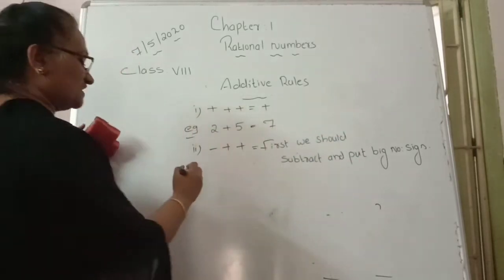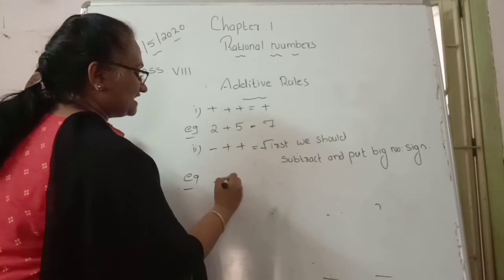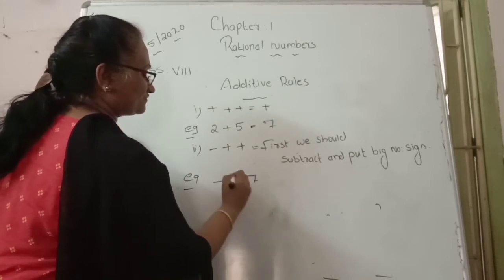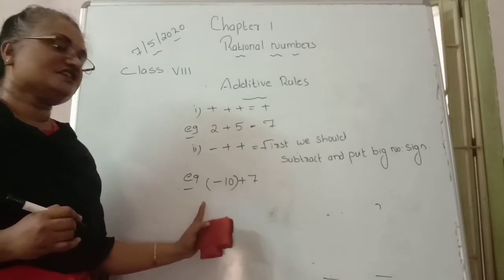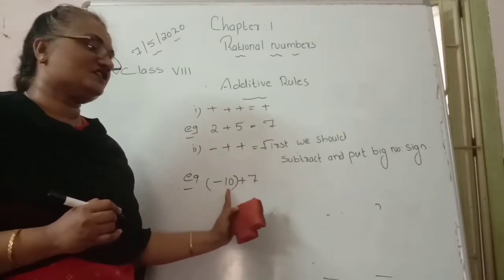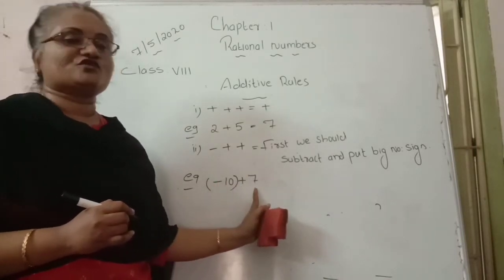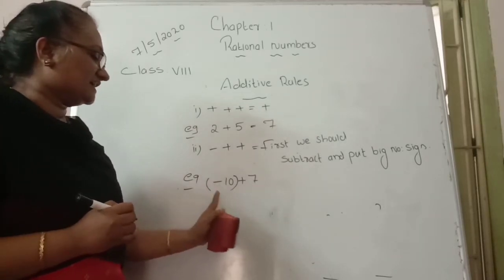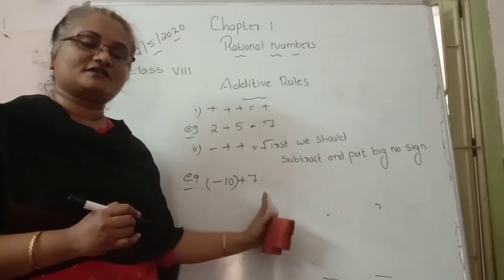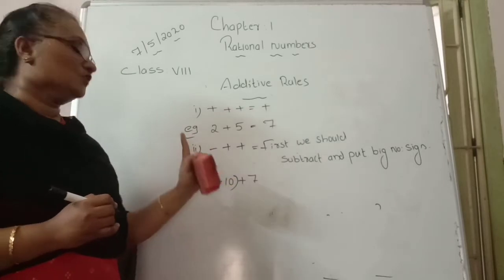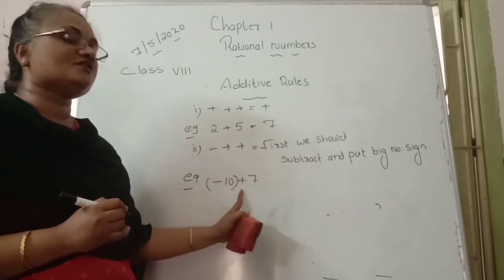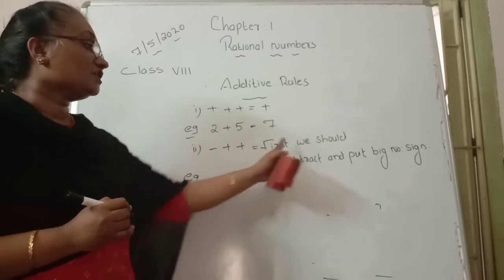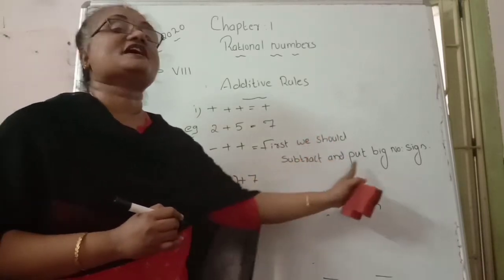Example: -10 plus 7. Minus 10 is a negative integer. 7 is a positive integer. Here one negative integer and one positive integer are there, and the operation is addition. The first rule says we should first subtract the two numbers.